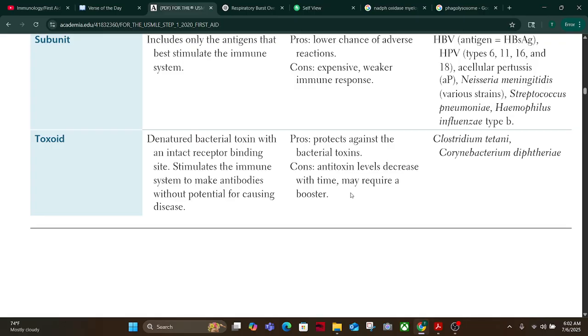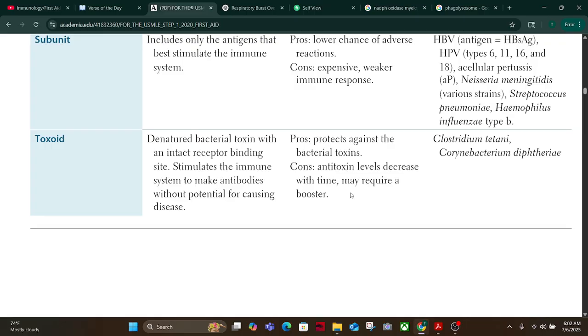A toxoid is a vaccine that's made from the toxin that is secreted from the virus. An example of this would be Clostridium tetani and Corynebacterium diphtheria.